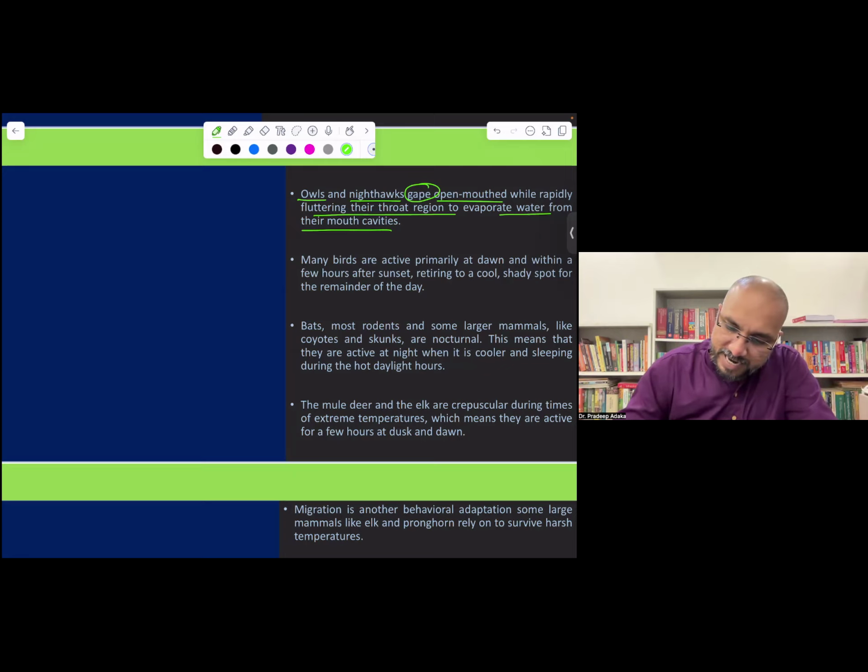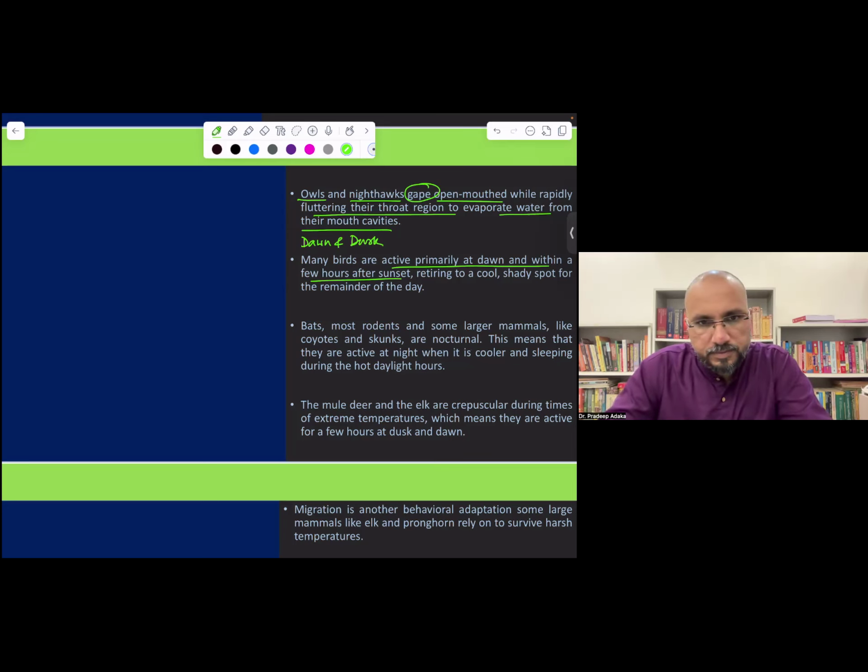So many birds are active primarily at the dawn, or within a few hours after sunset. So dawn and dusk, they're active during the dawn and dusk. We call it a crepuscular animal, okay. Most rodents and some large mammals like coyotes and skunks, they are nocturnal.